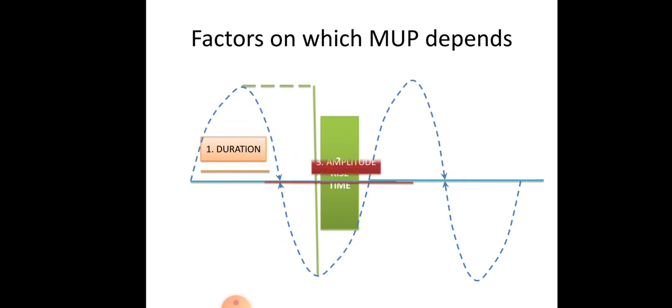Coming to the third point, that is your amplitude. Amplitude is measured from peak to peak, that is the distance between peak to peak. It depends on the size and density of muscle fiber. If the size and density of muscle fiber is greater, then definitely amplitude is greater. It also depends on the synchrony of firing of the motor units.